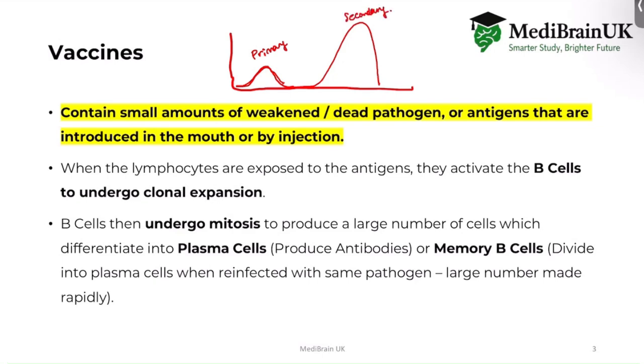As you can see, in your secondary response, you see a much steeper curve, a much faster rate of production of your antibodies. You also see many more antibodies being produced, to get rid of that pathogen as soon as possible, because your body already recognizes that pathogen, because you've been vaccinated against it.